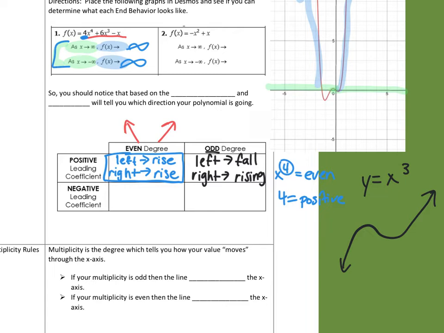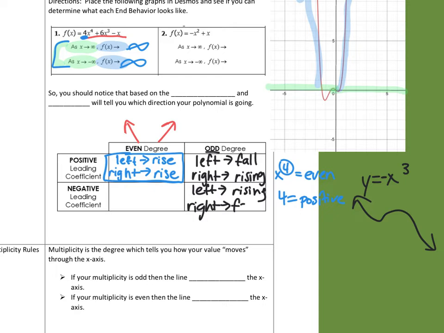And then if we flip that around, if we make that a negative x to the third now, so instead of being a positive leading coefficient, it's now negative. It's still going to be an odd degree though, right? We're now doing this. It's kind of a bad graph, but either way, the left is now rising and the right falling.